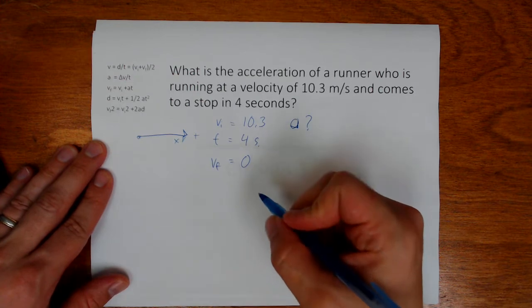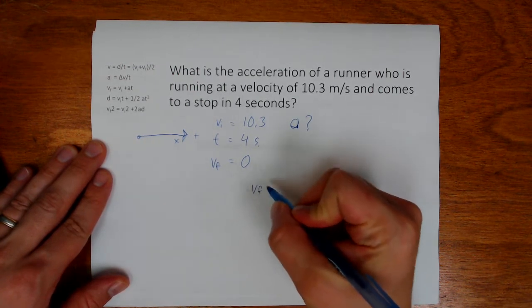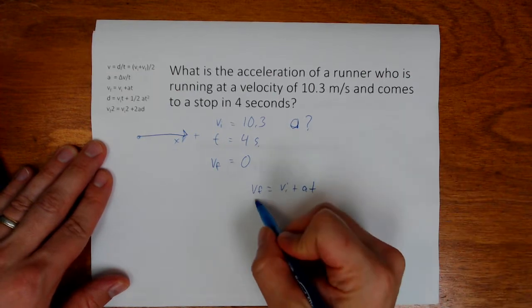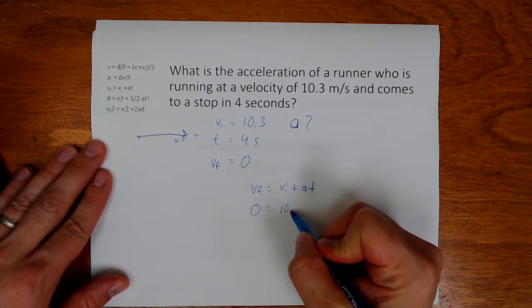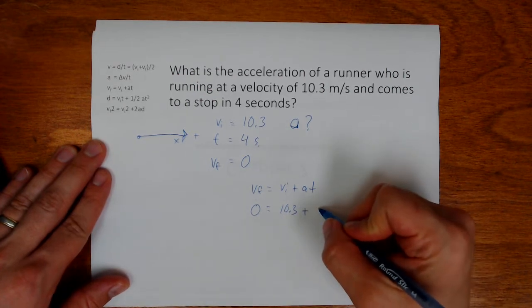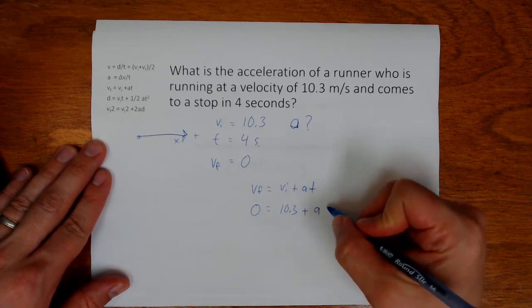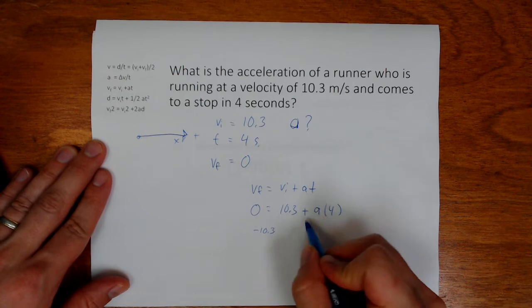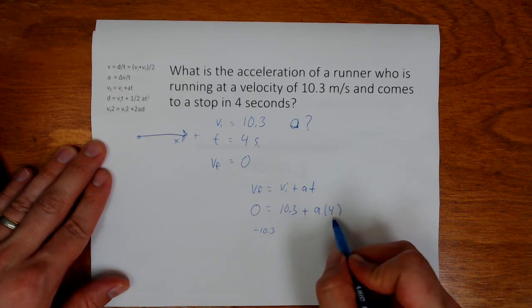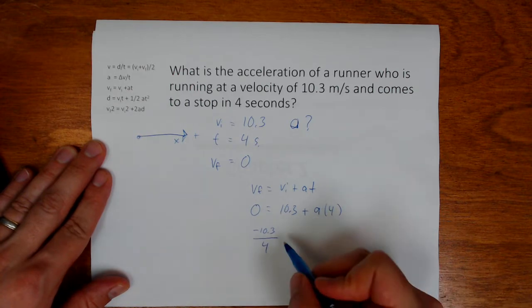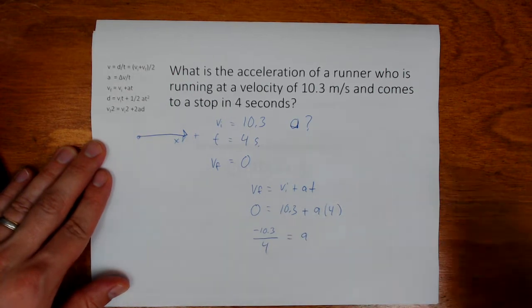So we plug this equation in. We're going to start with v of f equals v of i plus at. Final velocity is going to be 0, initial velocity is 10.3. And then we're going to add the acceleration, which is what we need to know, and t, which is 4. So we bring this equation over here, 10.3, and when we subtract that out, we can move 4 underneath. And then we come up with this for a.